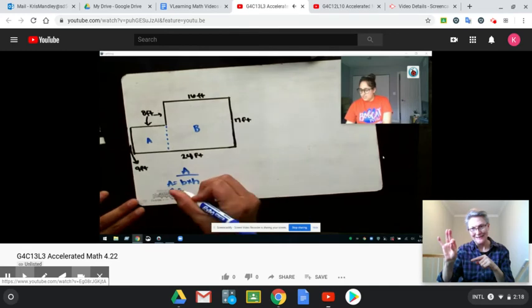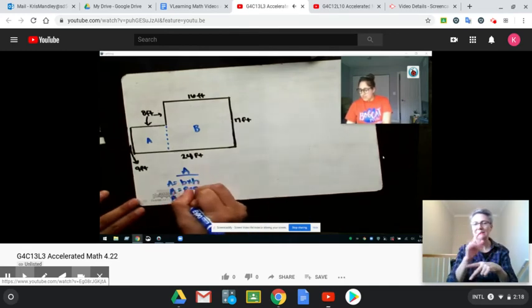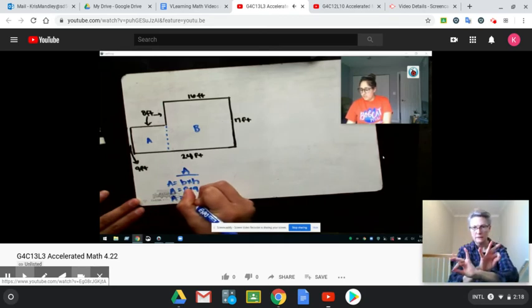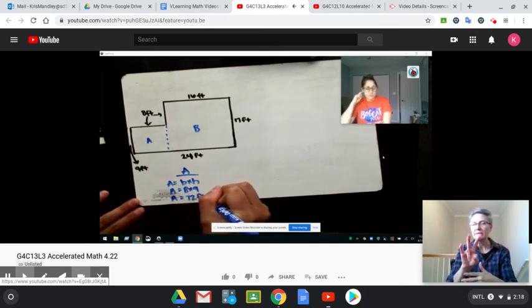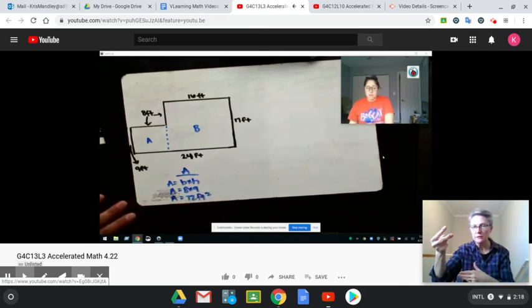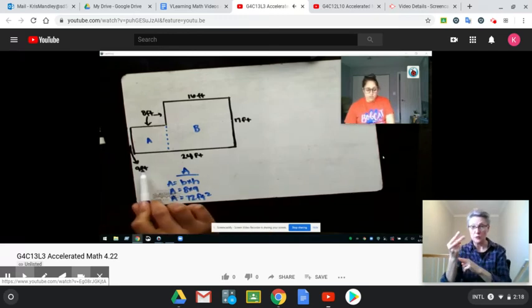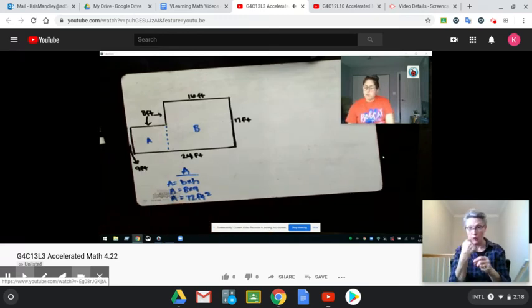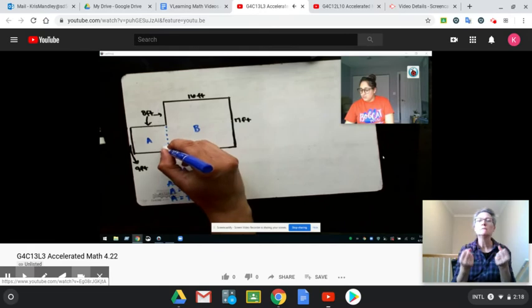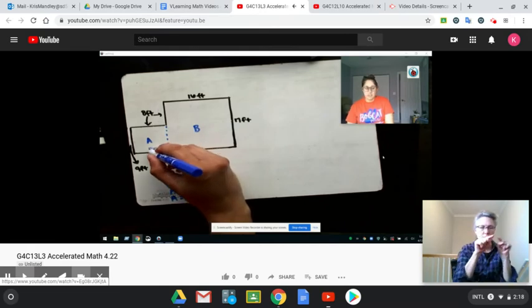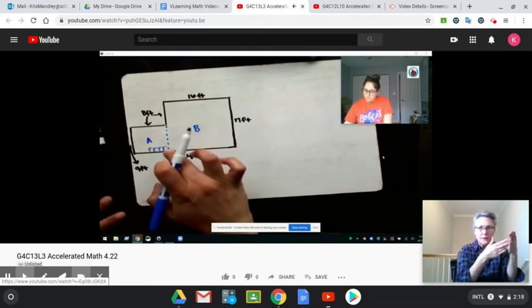So I can do base times height, or 8 times 9, and then that area would be 72 feet squared. Remember, feet squared because my units are already included for me, and I'm thinking about how many little squares I can fit into this section, right?